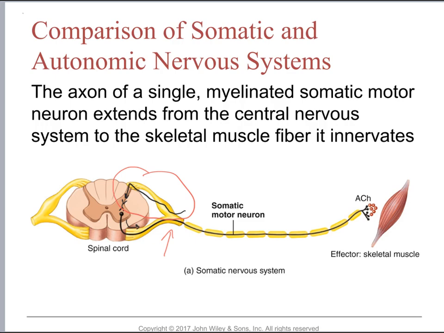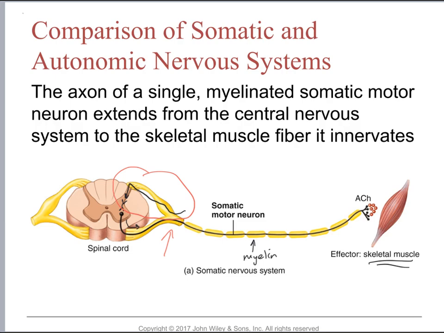Number one, it is a multipolar neuron that's leaving the central nervous system and moving out that ventral root, going to the effector. We have a single axon. That axon is myelinated, so we see that there is myelin here. We also see that it's going to extend to skeletal muscle, right? That's why it's somatic, goes to muscle.